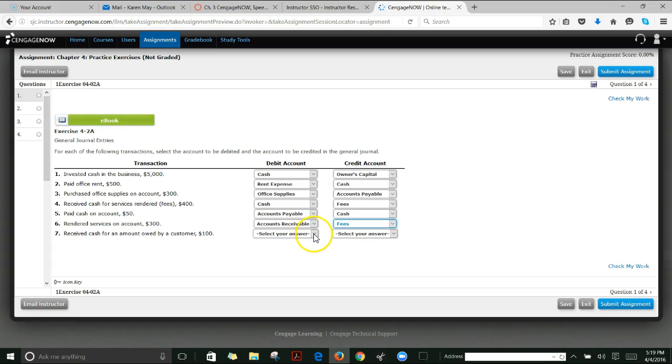And the last one, received cash for an amount owed by a customer. So we're going to debit cash, and amount owed by a customer, we're going to credit accounts receivable, which decreases accounts receivable.